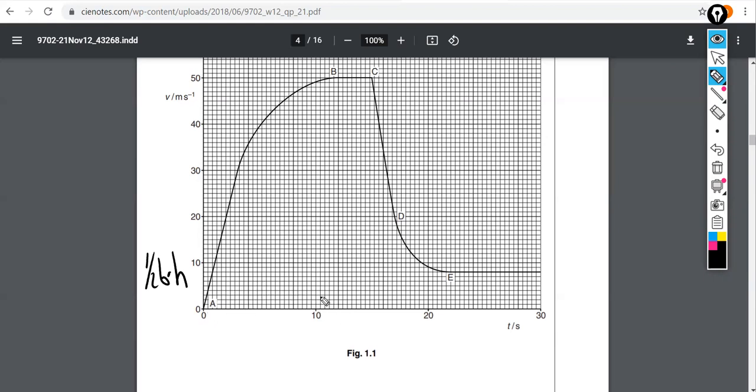You said if this was 10 right here, then each of these is 0.4. So it's 0.4, 0.8, 1.2, 1.6, 2, 2.4, 2.8, 3.2.